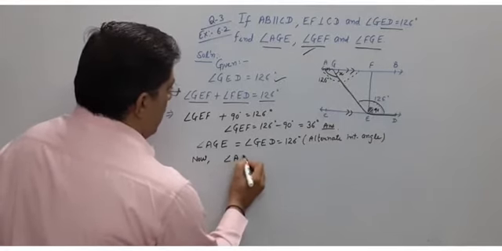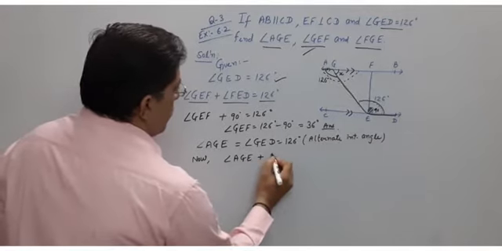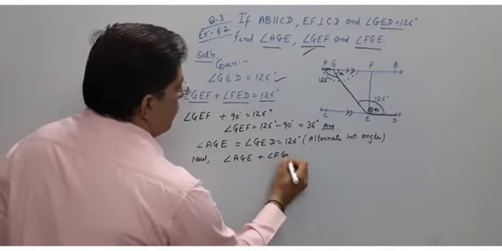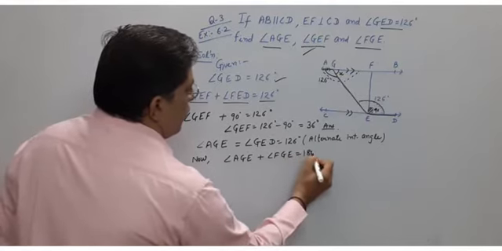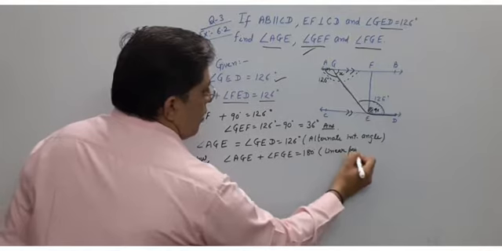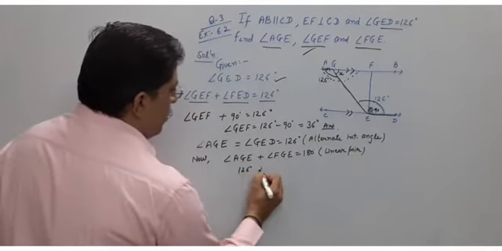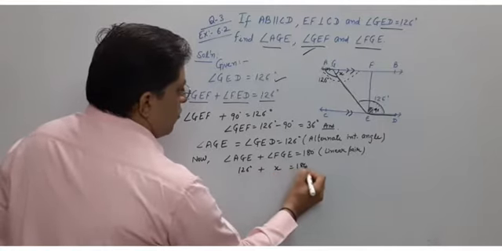Angle AGE plus angle FGE is equal to 180 degree. This is linear pair. AGE is 126 degree, this is your X, 180.